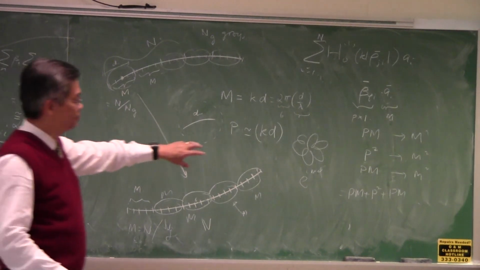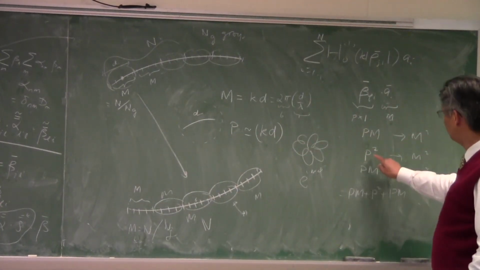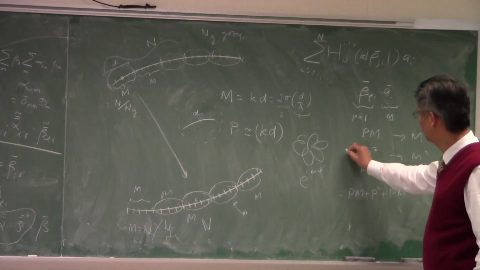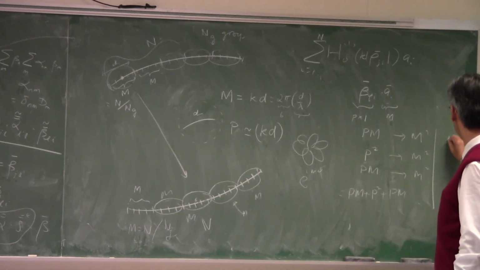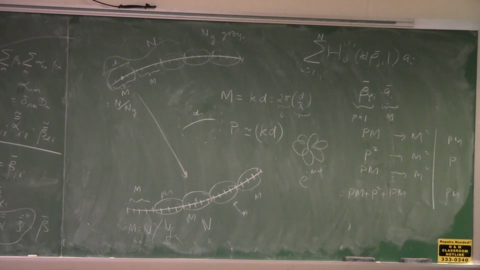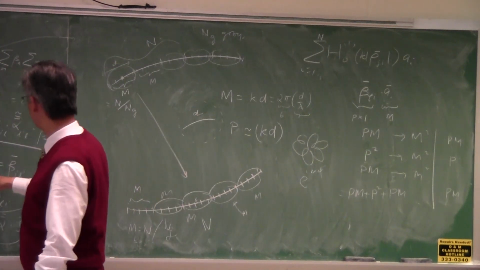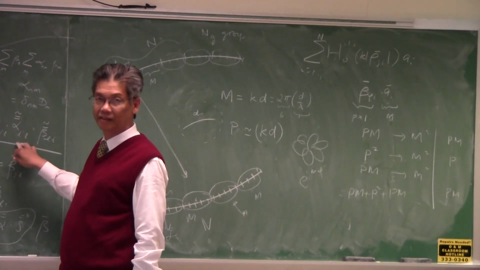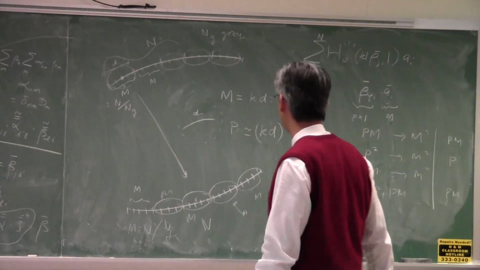The first part will still be P times M. The central part, however, drops down to P. This is still PM, this becomes P, this is PM. The central part becomes just P because it's diagonal. I don't have a dense matrix vector product to perform for the second part. I can perform it with a diagonal matrix vector product, which is just order P instead of order P squared.